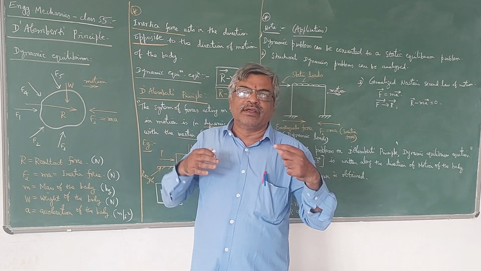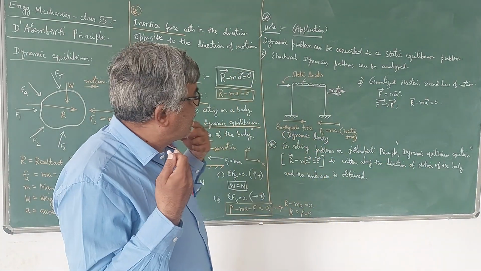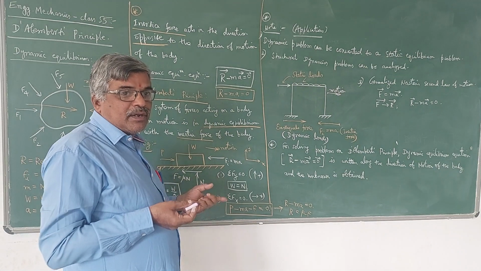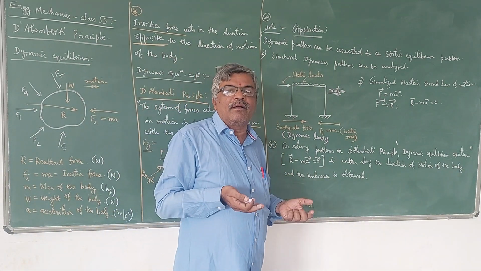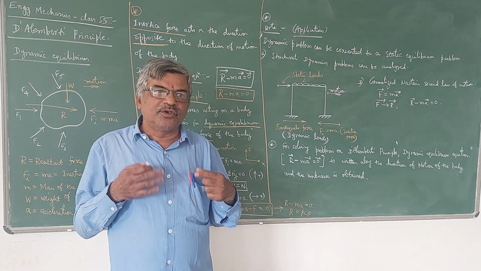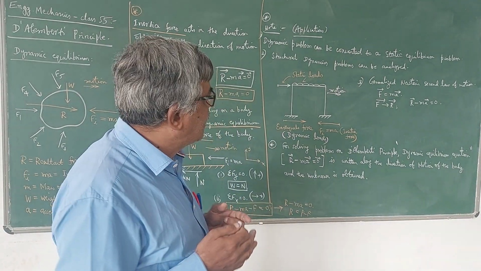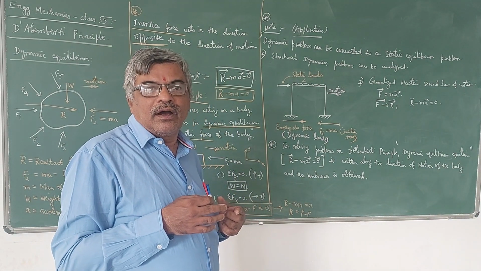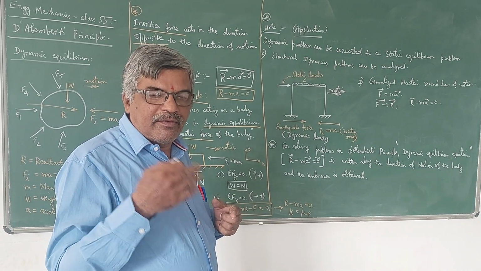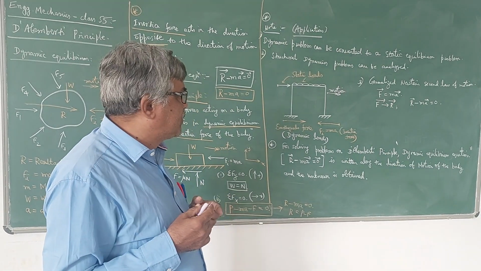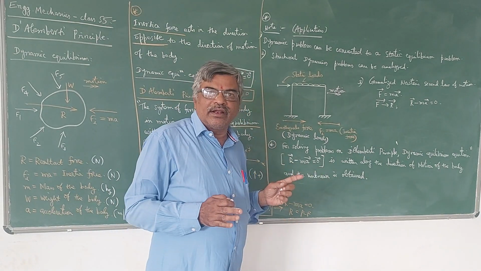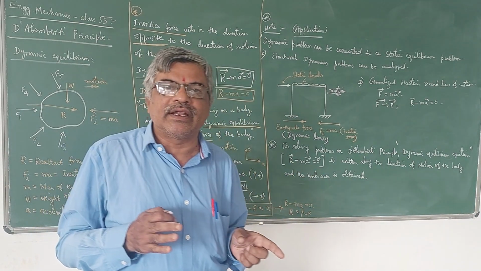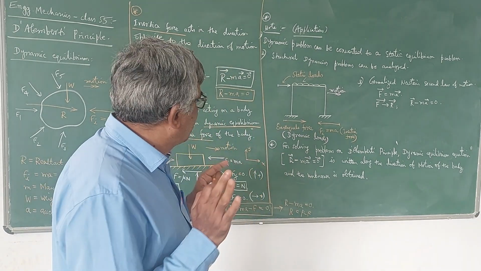That means you can say that the D'Alembert principle is an extended version of Newton's second law, which is used to solve problems on dynamic equilibrium, where the body is subject to dynamic equilibrium. Because the acceleration term is there, we have to stick to the fact that the body is moving.